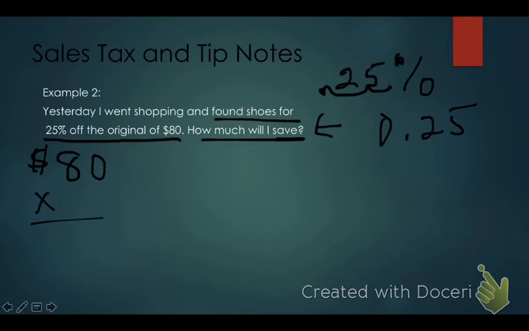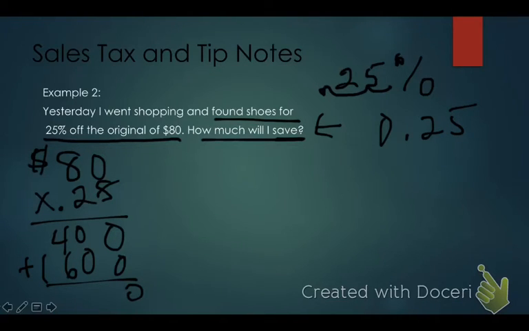So I'm going to multiply this by 25 hundredths. 5 times 0 is 0, 5 times 8 is 40. I'm going to cross that out, add a 0, 2 times 0 is 0, 2 times 8 is 16. I add these together, 0 added to 0, 0 out 0, 10, carry the 1 up there, 2.